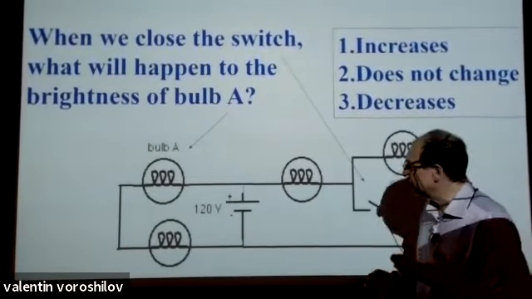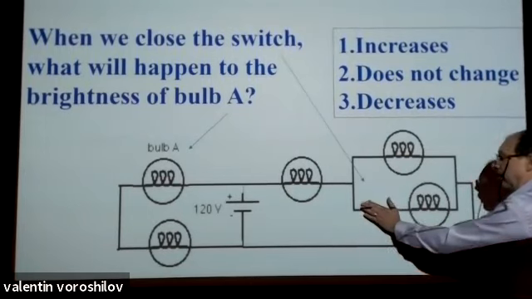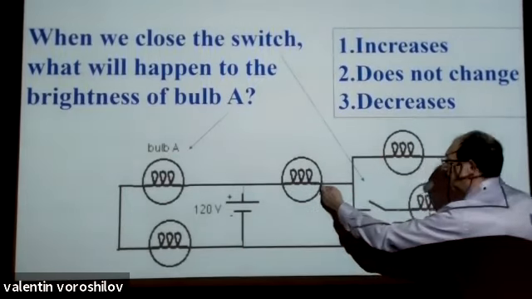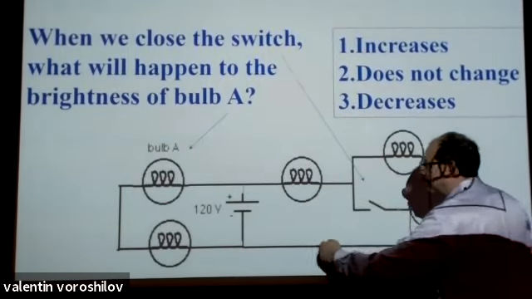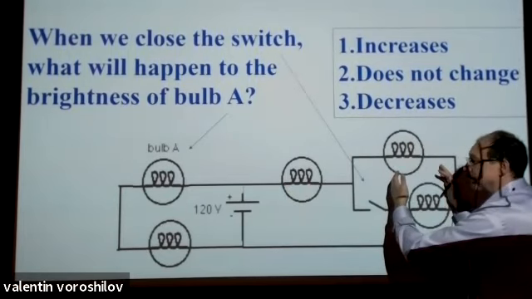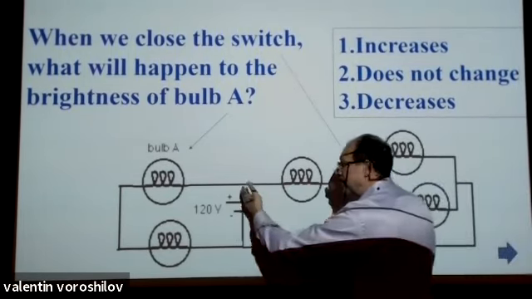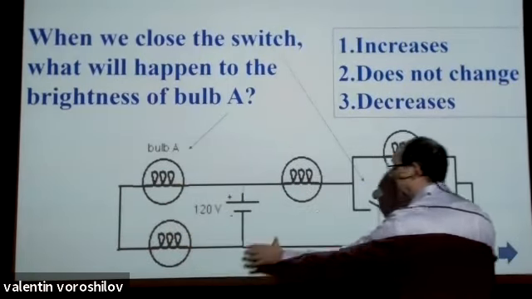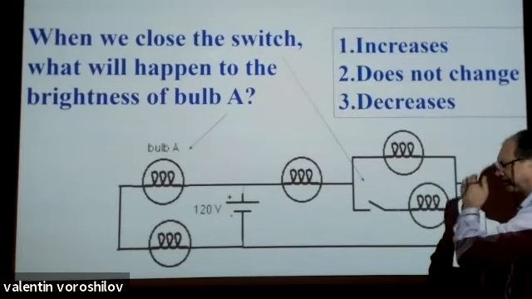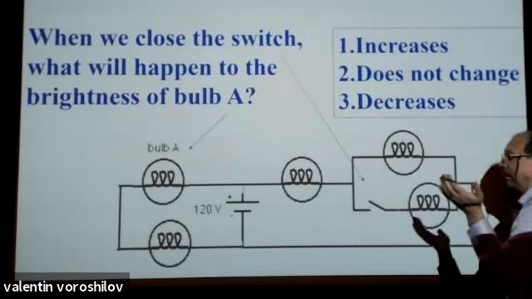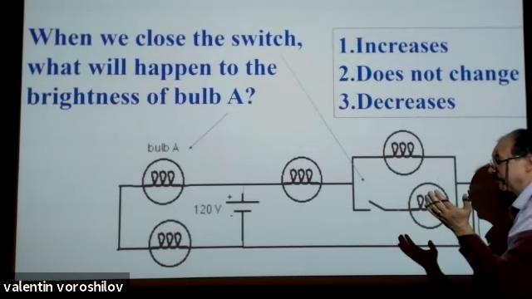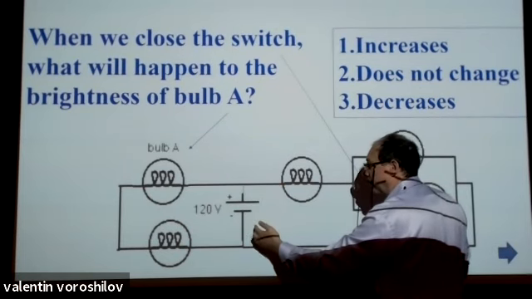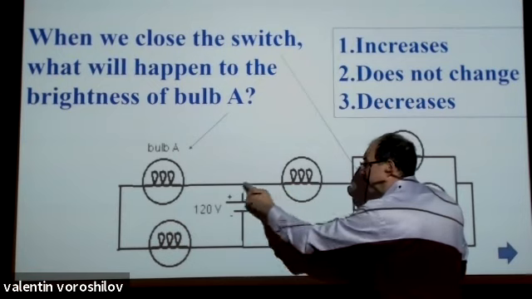Well, now let's analyze. When the switch is open, that problem was solved for this part. We've got electric current traveling through 2 identical bulbs, so this potential evenly splits. But we've got the same situation on the left. This potential evenly splits, 60 volts, 60 volts, 60 volts, 60 volts. Everything clear. Electric current provided by the battery will be this current plus this current.